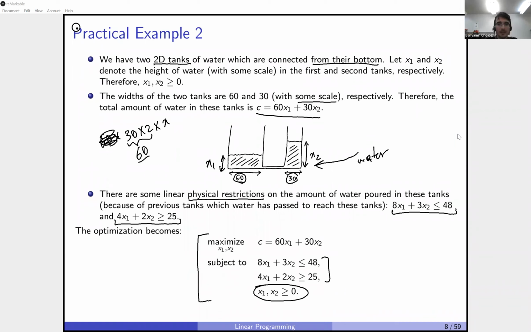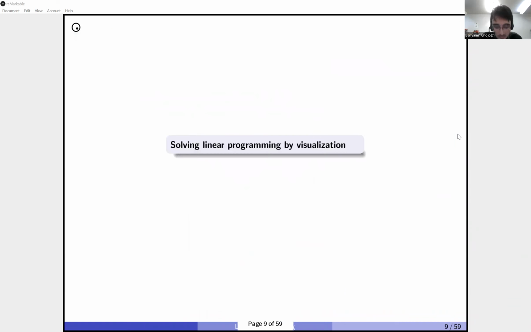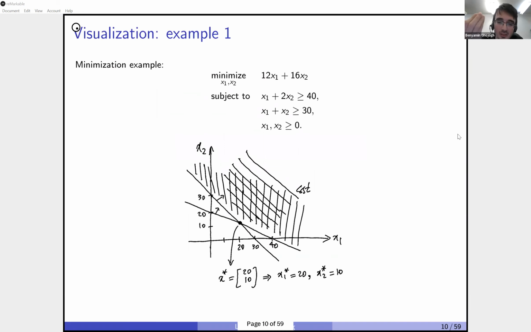Okay. Now let's go to solving linear programming by visualization. When the dimensionality of the objective variable, or the number of objective variables if we consider them as scalars, or the dimensionality of this objective variable if we consider it as a vector, is either 1, 2, or 3, right?